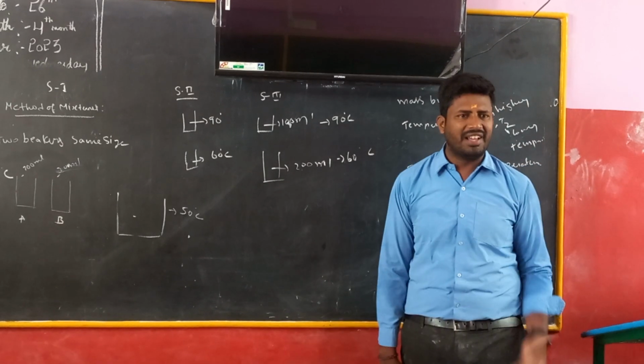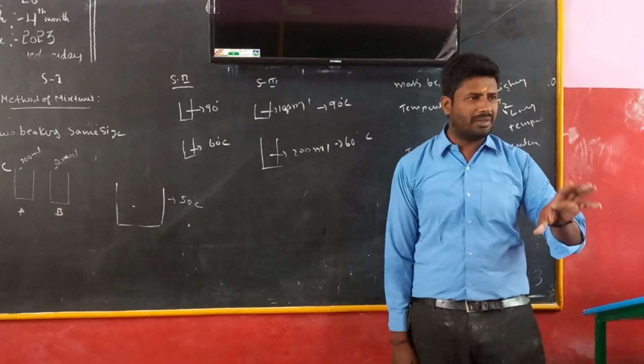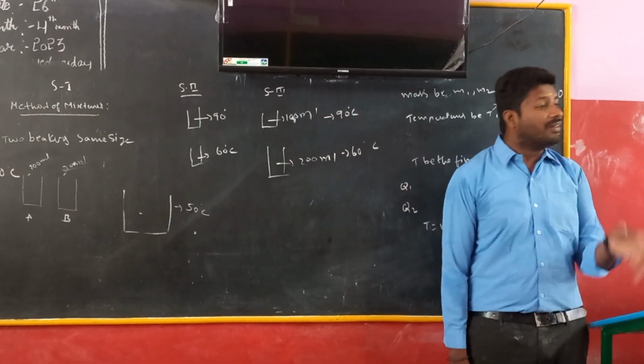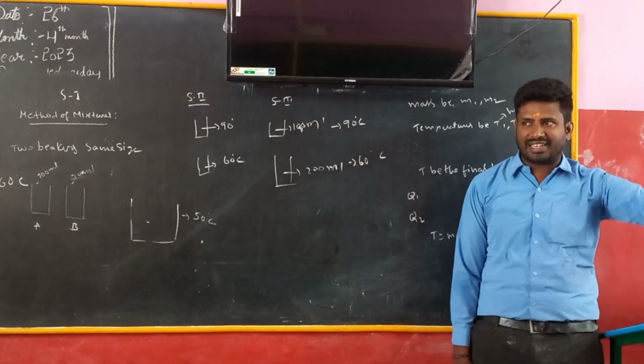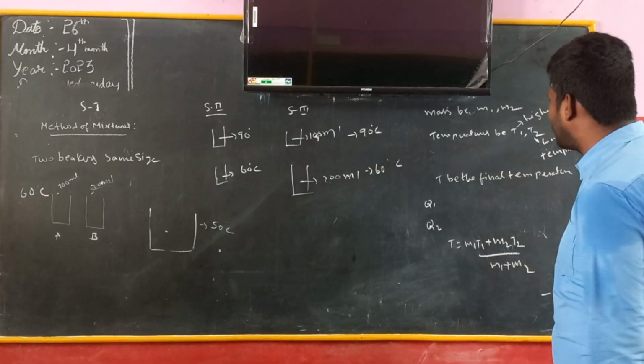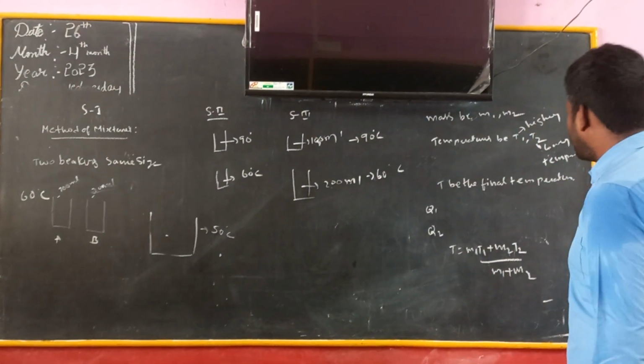When we mix the contents, the temperature of the mixture is less than the temperature of the hotter sample and greater than the temperature of the cold sample. Hence we conclude in the form of an equation.